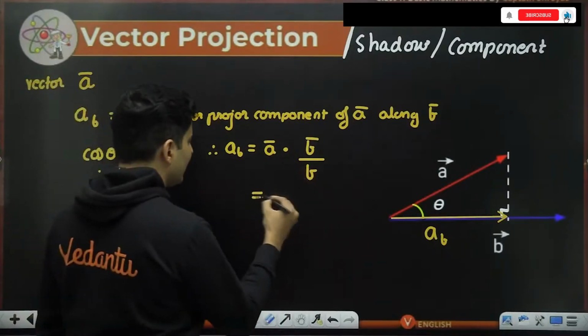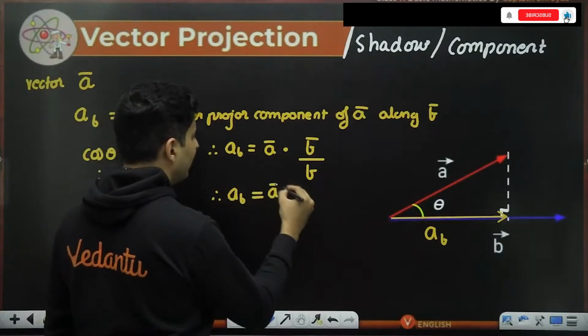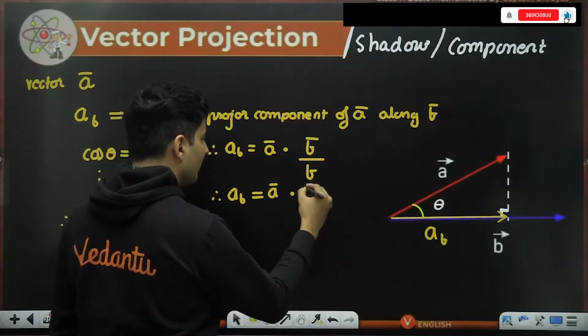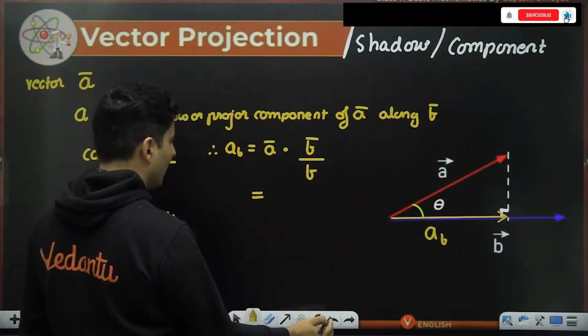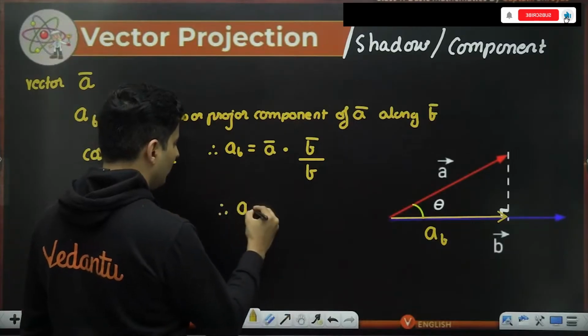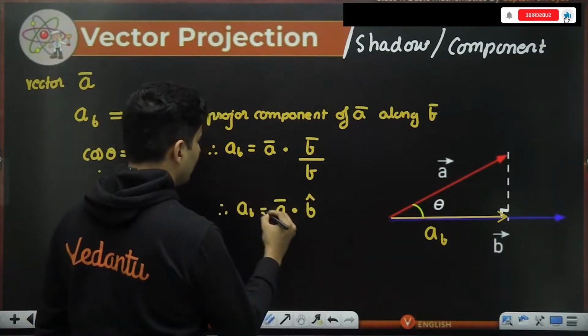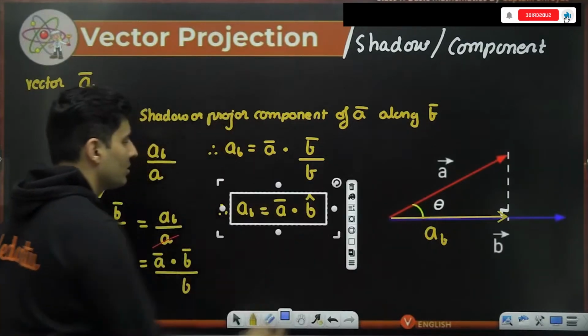What is this exactly? How many of you remember? What is a vector divided by its magnitude? B bar by B is nothing but B hat. Therefore, I can just say A of B is A bar dot B hat. That's it. That is the answer, guys. If you remember this, your job is done.